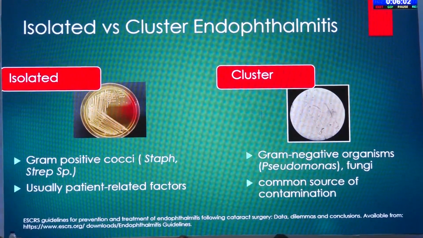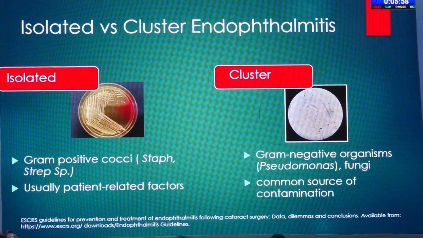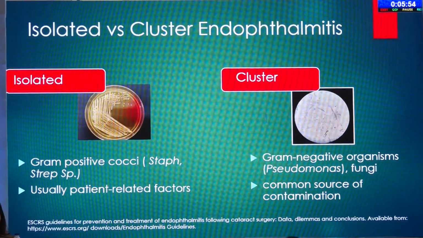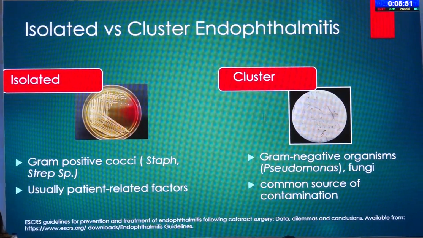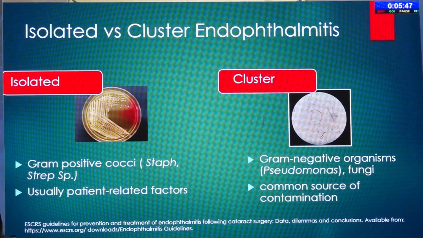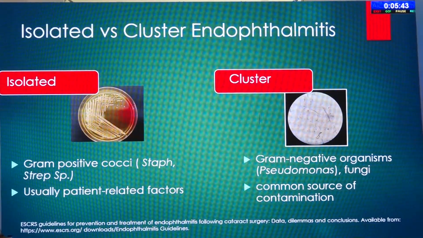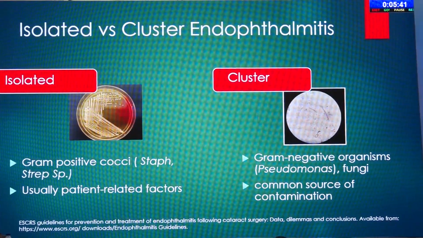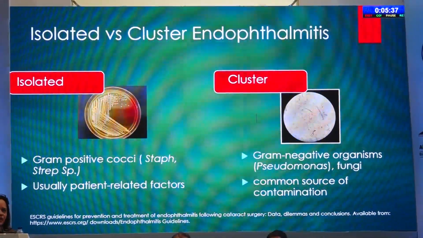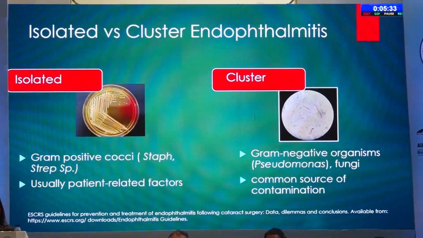When we come across a case of endophthalmitis, it might be just a sporadic case, but we have to dive deeper to find out whether that particular case is part of a cluster, or just an isolated case. Isolated cases are usually due to patient-related factors and commensals.